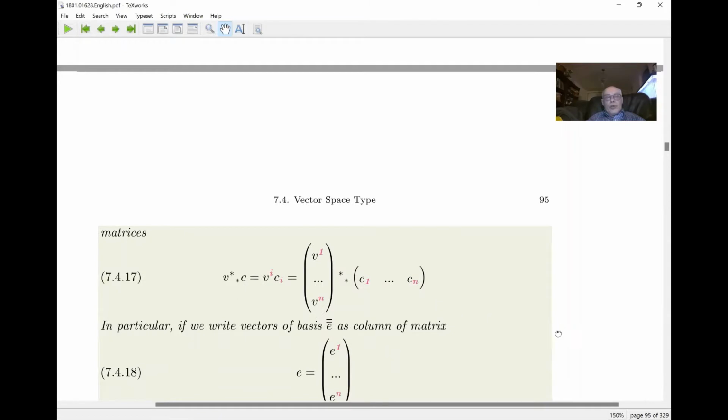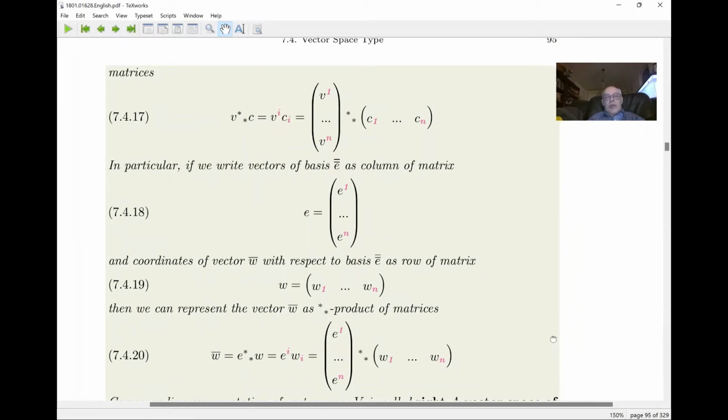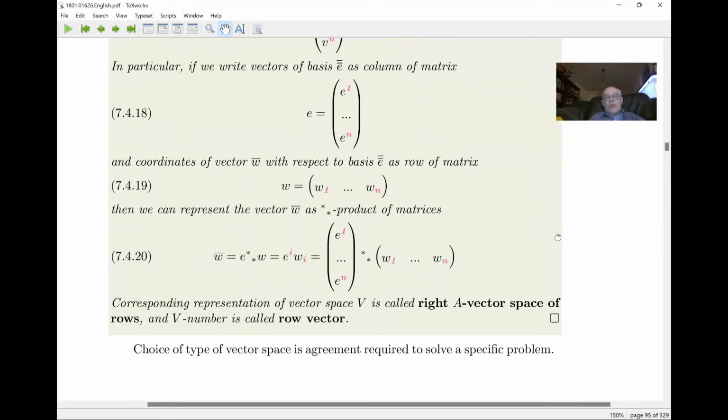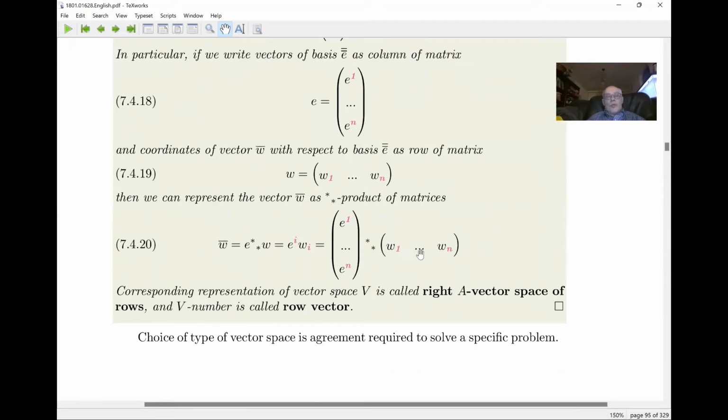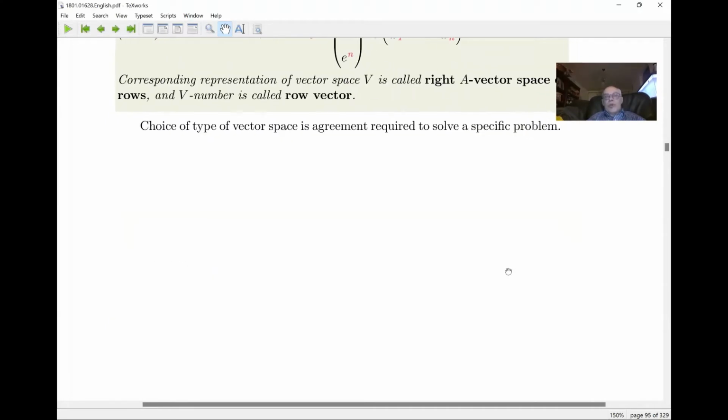In particular, if we write vectors of basis E as column of matrix 4.18 and coordinates of vector w with respect to basis E as row of matrix 4.19, then we can represent the vector w as CR product of matrices 4.20. Corresponding representation of vector space V is called right vector space of rows, and V number is called row vector. Choice of type of vector space is an agreement required to solve a specific problem and depends on the problem that we need to solve.